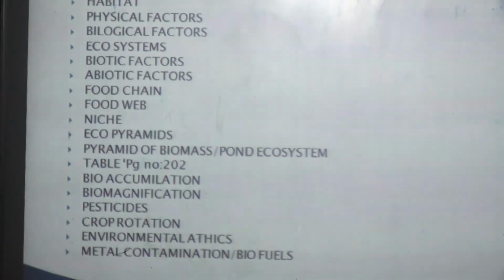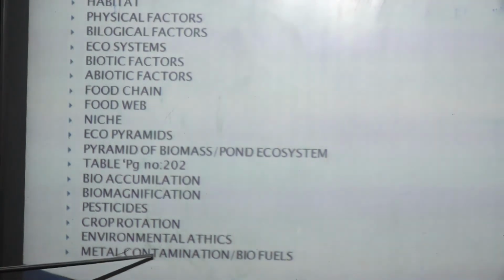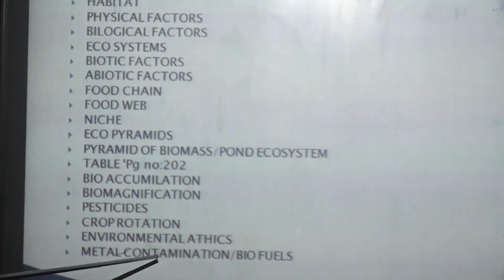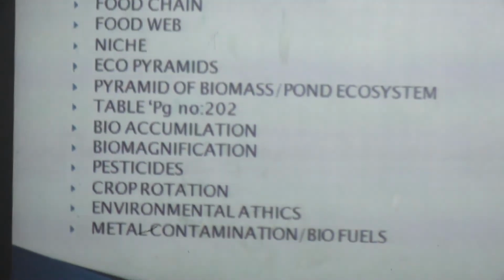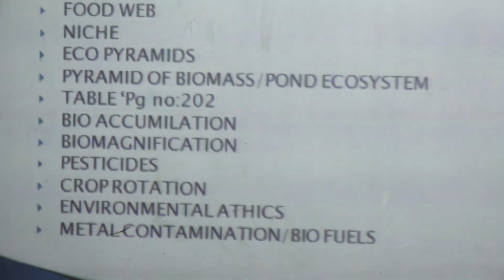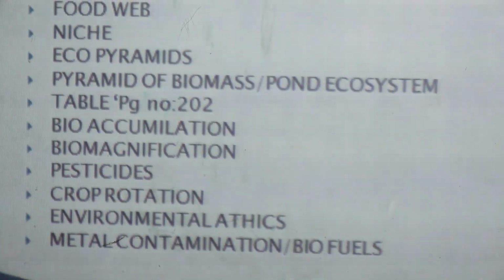By means of that, we are getting adverse health problems like cancer, etc. So you have to identify the ways to minimize the contamination of water by metals and waste, etc. And what is the use of biofuels, importance of biofuels.